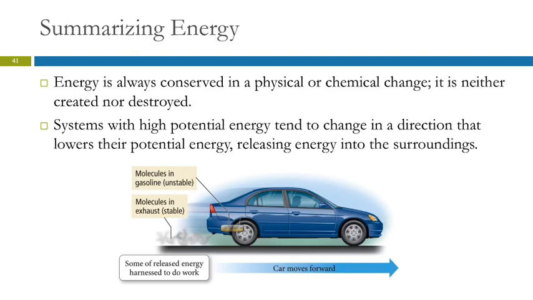That energy is turned into heat, which just gets dissipated into the environment. So we've got some of the released energy harnessed to do work, and the rest of it is wasted, but still present. So what we observe is that systems with high potential energy tend to change in a direction that lowers their potential energy, and that causes a release of energy into the surroundings.